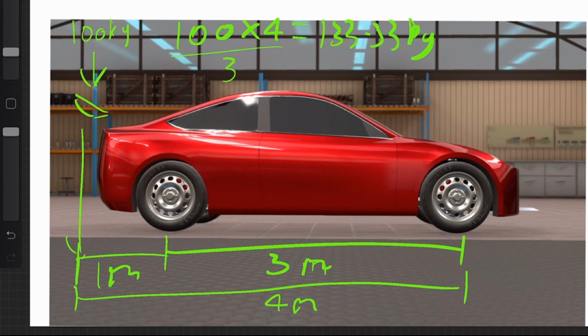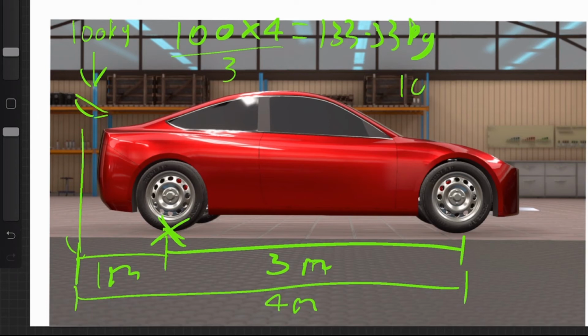Then what we can also do is calculate the front end lift, because now the pivot point moves from the front wheels to the rear wheels. Now we know that the wing is 1 meter away from the rear wheels.